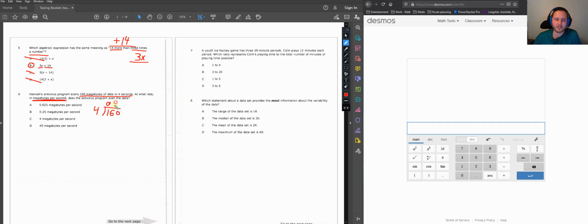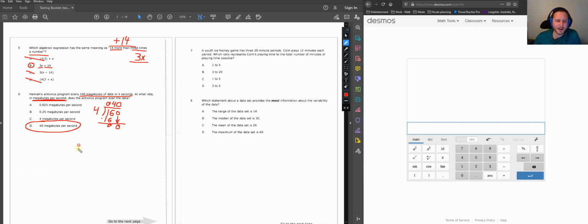It goes into 16 4 times, which gives me 16. Here's what to do when you have that extra 0 right there. Carry down the 0, and it's a little silly, but you have to say, how many times does 4 go into 0? 0 times. The answer is 40 megabytes per second.